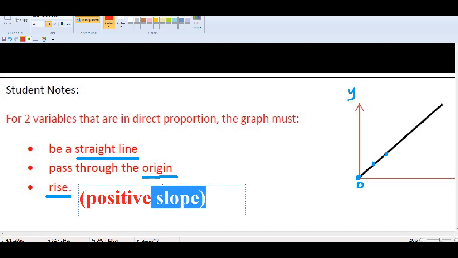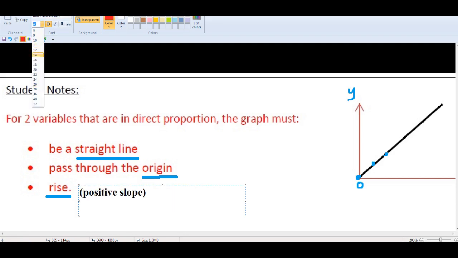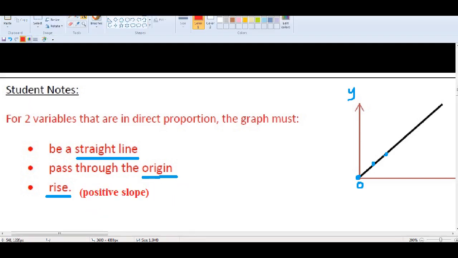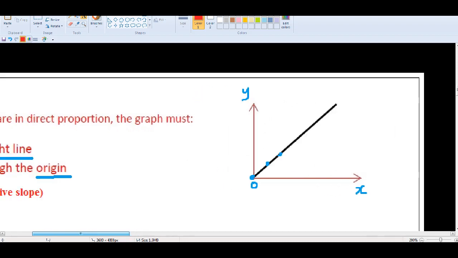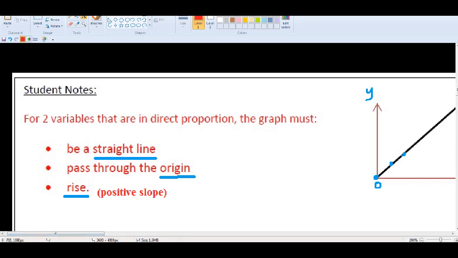Okay, so that's the basic idea. For the graph of a direct proportion, you will see a straight line passing through the origin with positive slope, or rises.